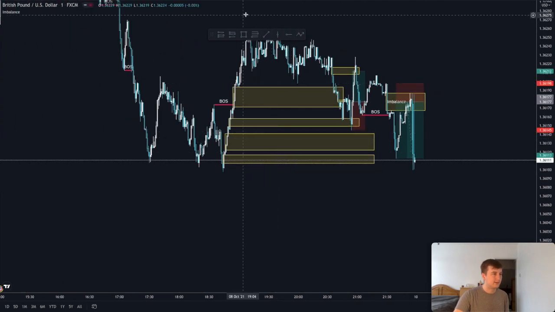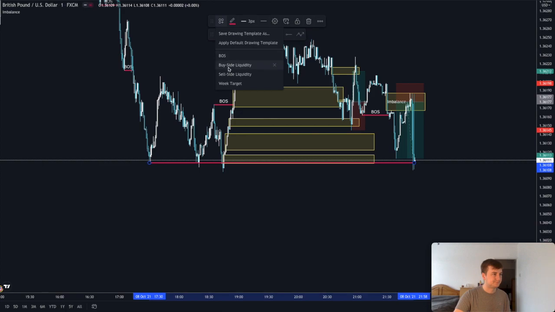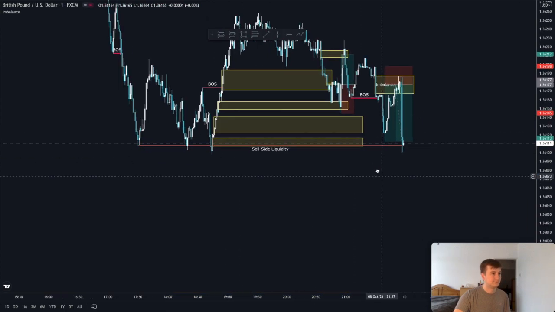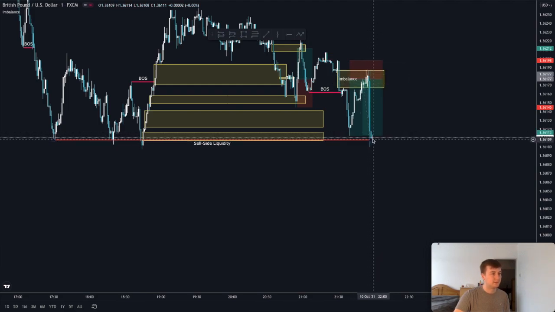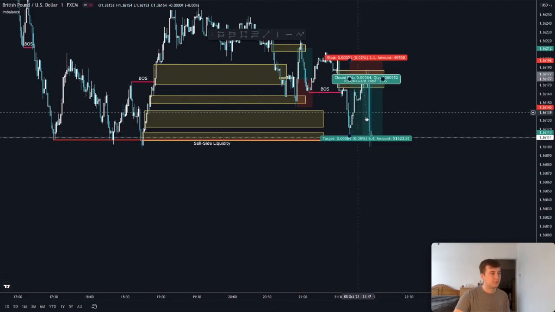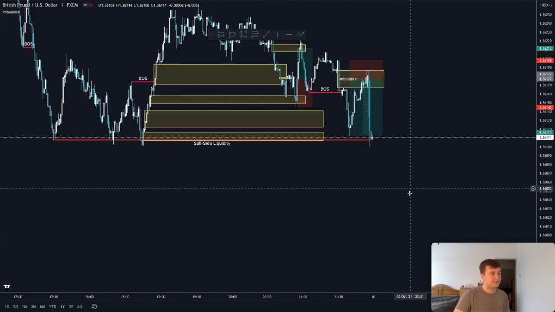You obviously down here you got a bunch of liquidity, right? You see this all down here. So a bunch of retail traders are going to be buying right now to try and push it upwards. But before it goes up, price is going to break this liquidity to then go up higher.